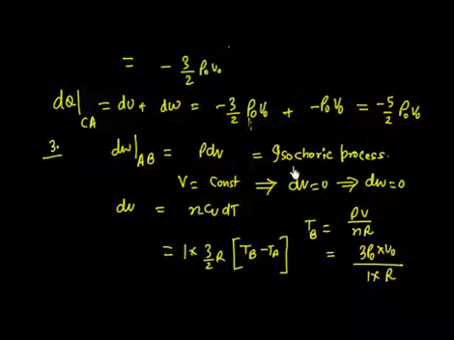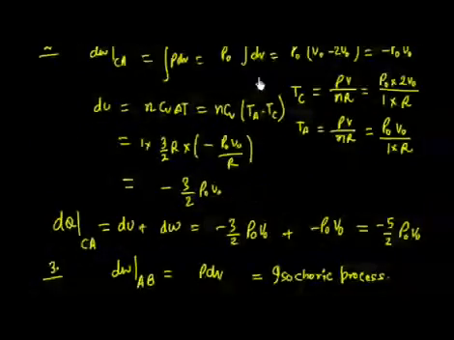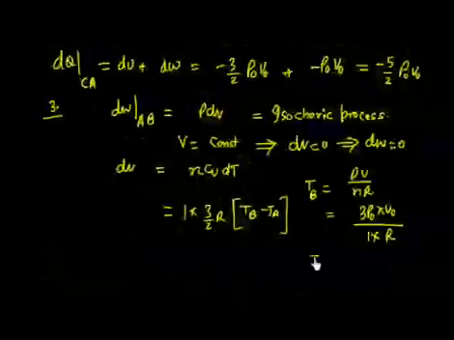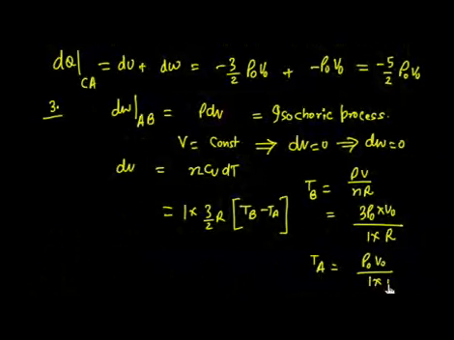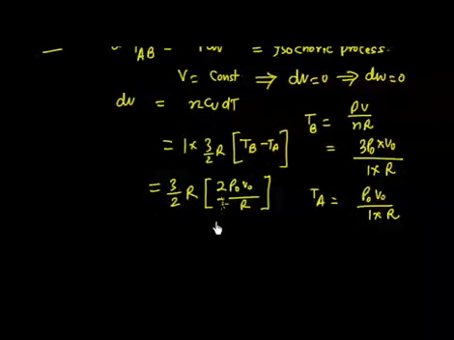What is temperature at A? So let us say temperature at A, again I can find. Volume is V naught and pressure is P naught. So temperature at A we can write, this is P naught V naught by n, which is 1, into R. So this becomes 3 by 2 R. And TB is nothing but 3 P naught V naught by R minus P naught V naught by R. So this becomes 2 P naught V naught by R. R cancels out.